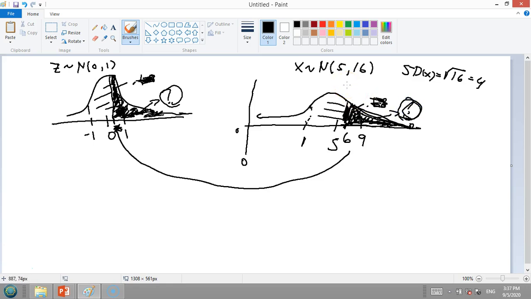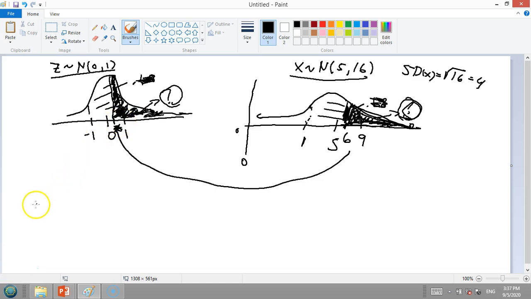Okay. So now the whole idea is to know how this distribution gets transformed into a normal 0, 1. And once I know the transformation formula, I can plug in any number from this x and it will spit out a z.